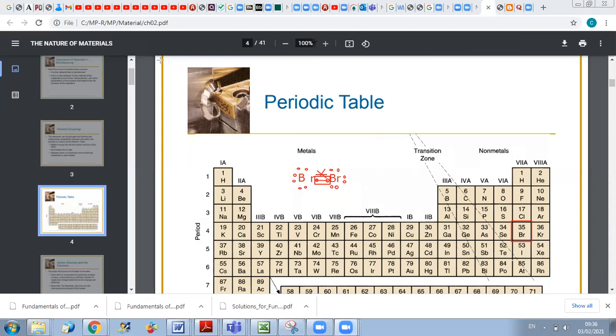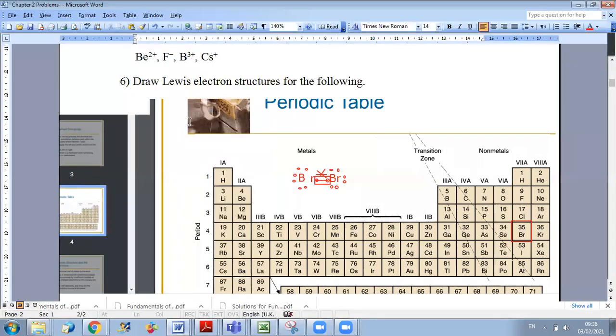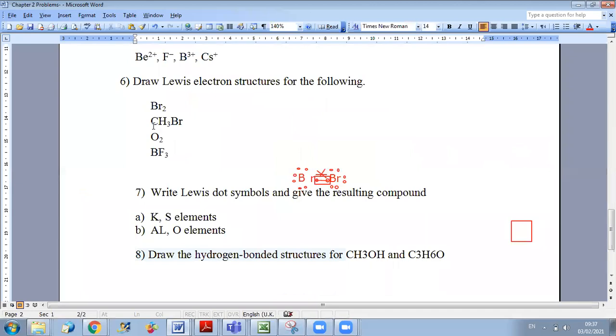Now, the other molecule to draw the structure for is CH3Br. Okay? So already we have seen that Br has 7 electrons. So I will try to present first Br. Since it has 7 electrons, 1, 2, 3, 4, 5, 6.